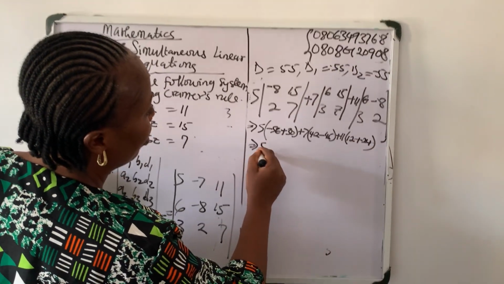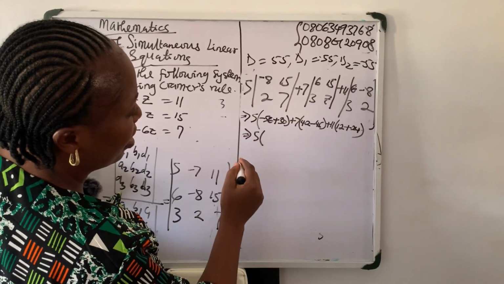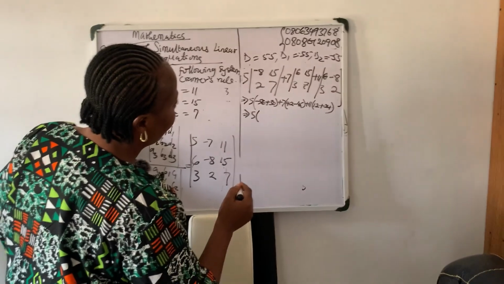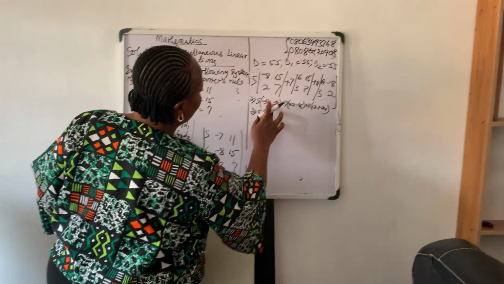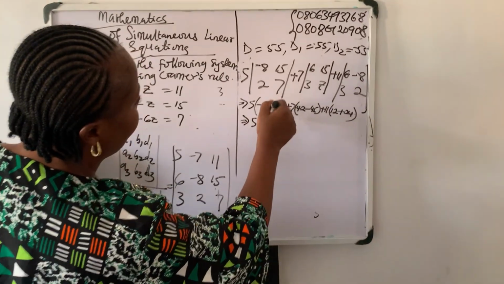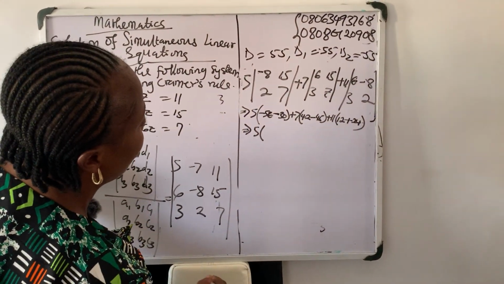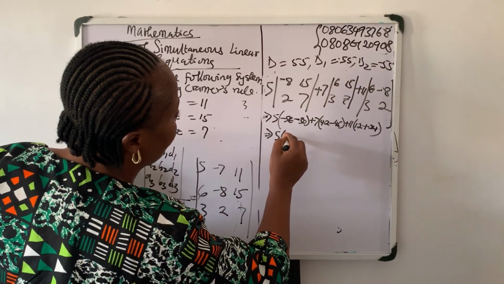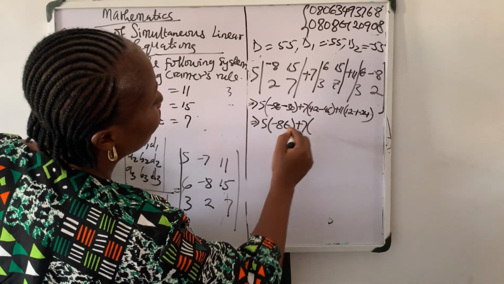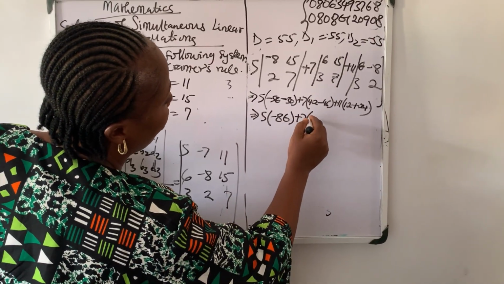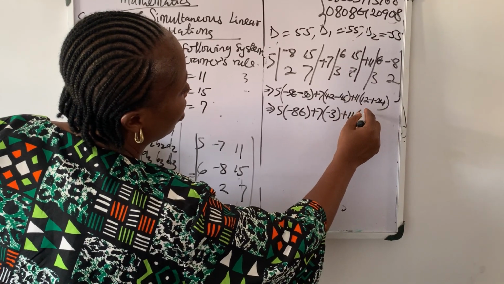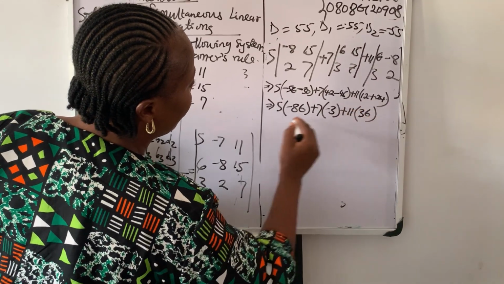We have minus 56. That's supposed to be minus and not plus, because the standard is that there must be a minus here. Minus 56 minus 30 is minus 86 plus 7. 42 minus 45 is minus 3 plus 11 into 12 plus 24 is 36.